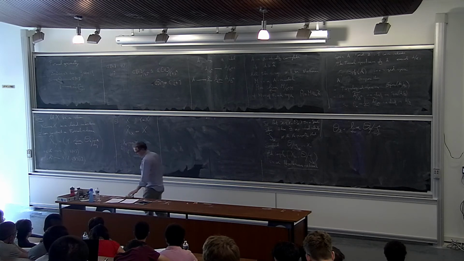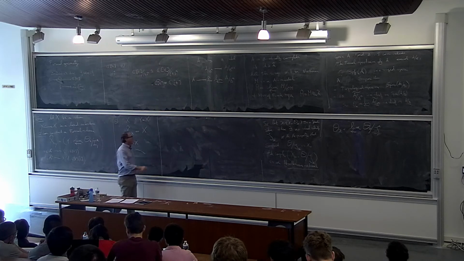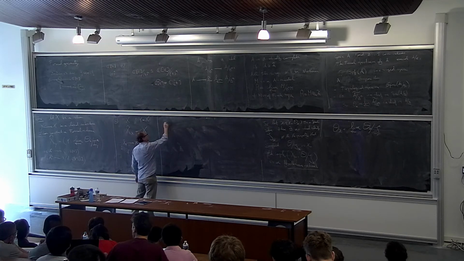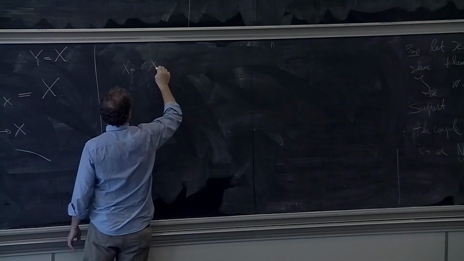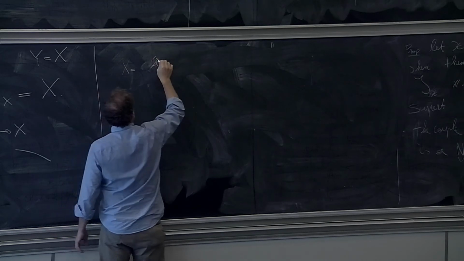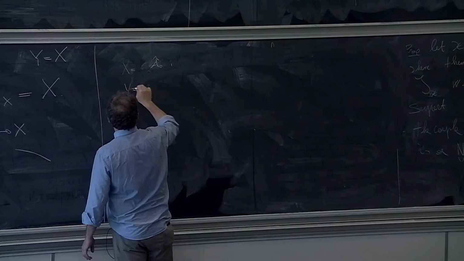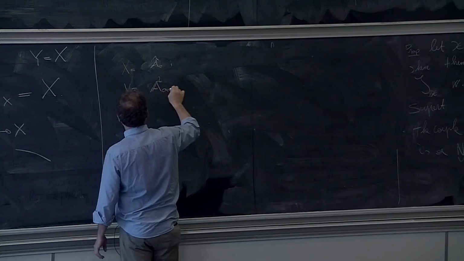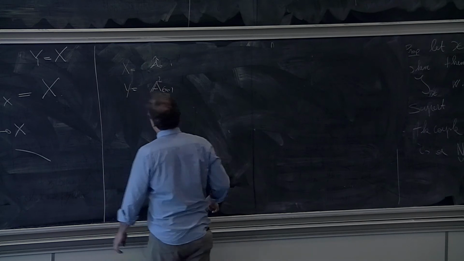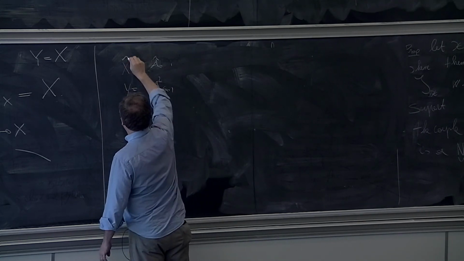I wanted exactly, following the suggestion of Philip, to make an example. You take X to be the completion of A1 at 0, and Y to be the completion of A2 at (0,0). And then you have a map. Let's do this.